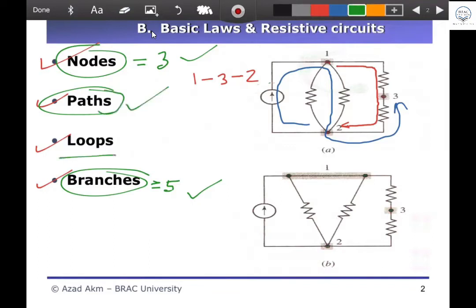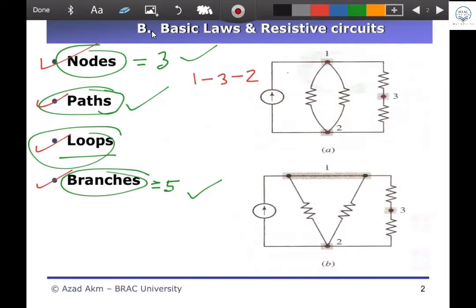Loop is very similar to path. I'm going to delete this so you can understand better.